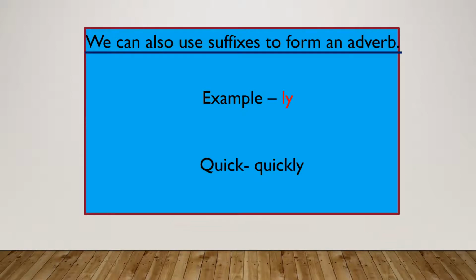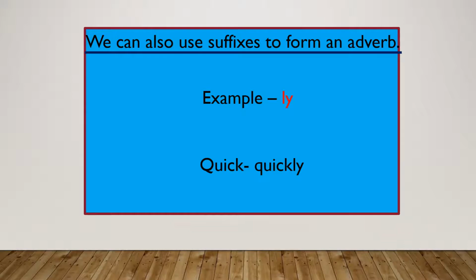For example, the suffix ly is added to the end of the root word. Here quick is a root word, and ly is added to form the adverb quickly.